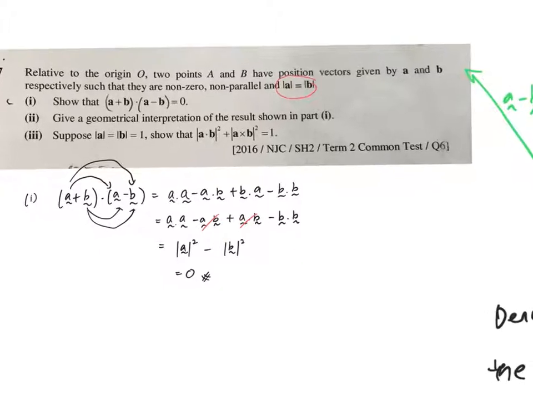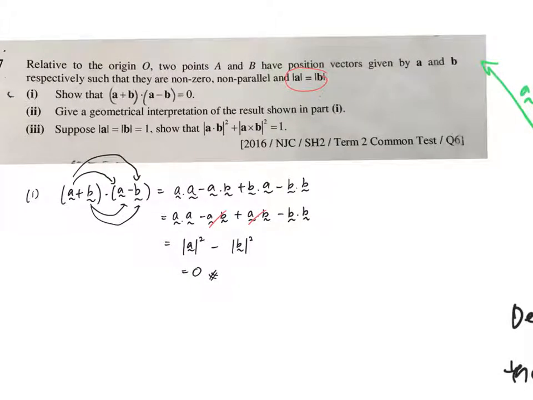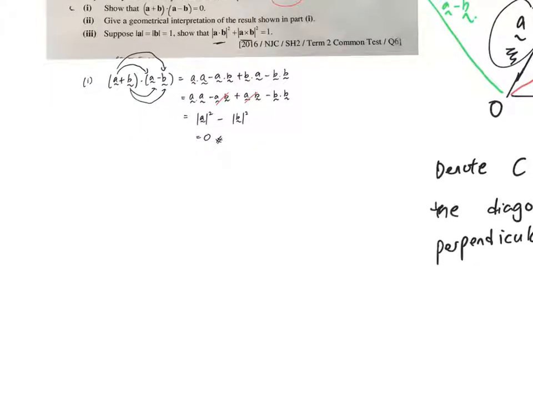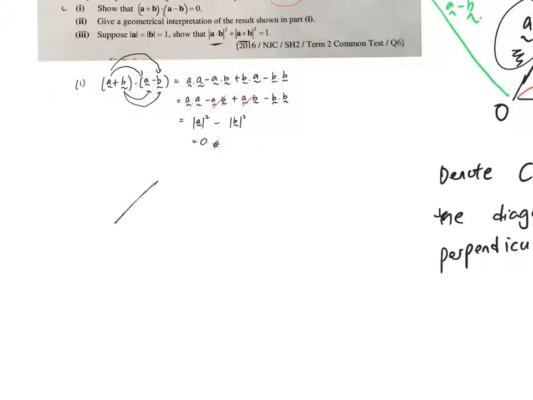Now suppose mod A and B equals to 1. Okay, I want to show that (A dot B) square plus (A cross B) square is equal to 1. So there are a lot of ways to go about doing this. Okay, one very quick way would just be to use Pythagoras theorem. So if I look at A and B, this is A, this is B, right?